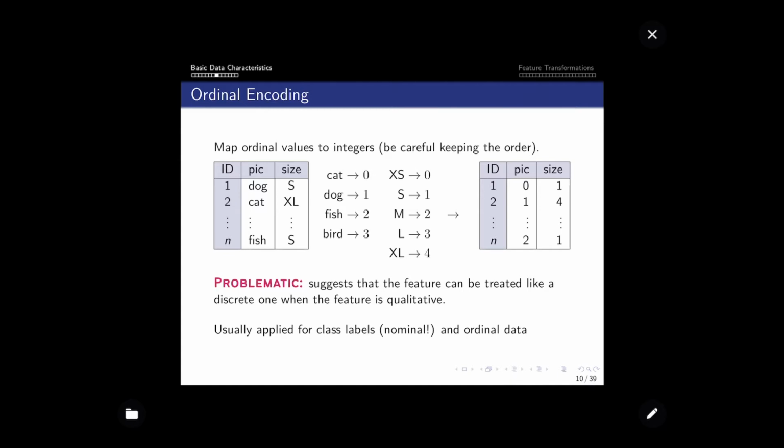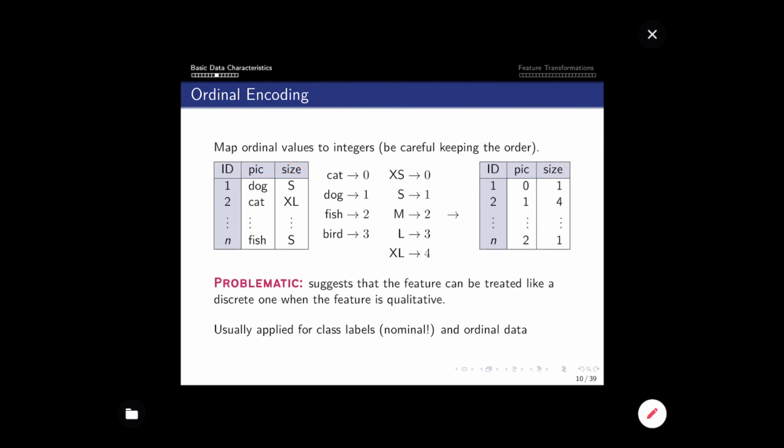The first encoding we discuss is ordinal encoding, and this is usually used for ordinal data. Basically, what it does is map ordinal values to integers. For example, you have these two features: a picture, showing what the picture basically is, with some categories, and this other feature, size, which is actually an ordinal feature because it has an order.